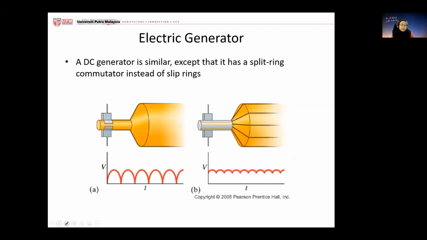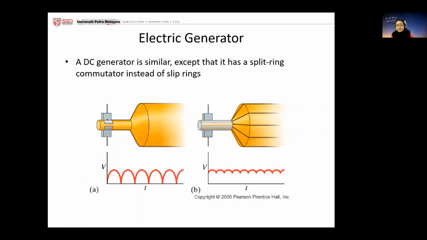I did mention it is a complex system, but it's an efficient system. I know we've been talking about the AC generator. The DC generator is also similar. It uses basically the same mechanism, except that it has a split ring commutator instead of a slip ring. You can Google this to get a clearer picture.